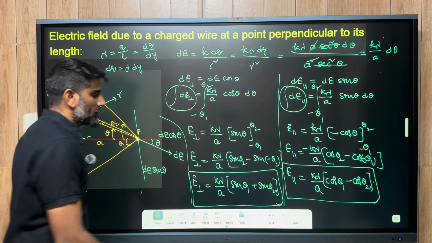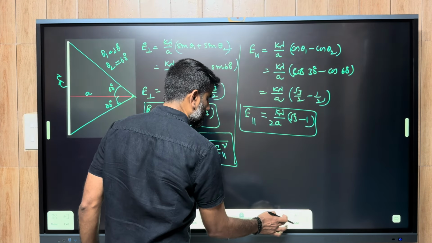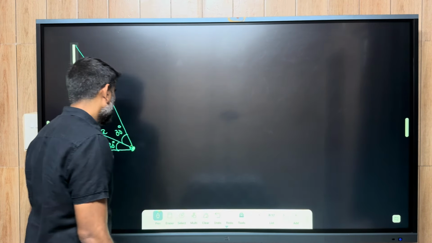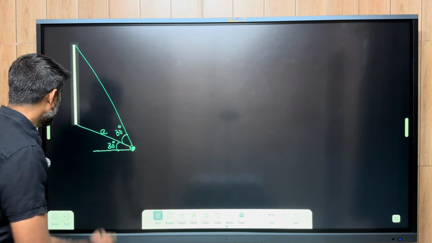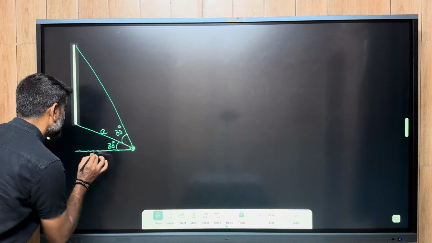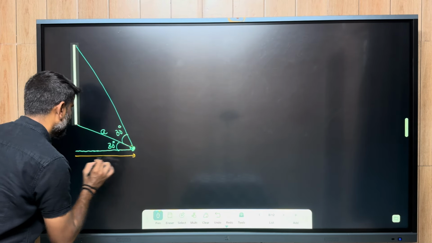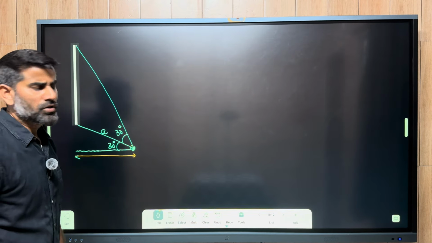Is my point clear? The A that we take should be perpendicular to the rod only. That means I have to find this distance.